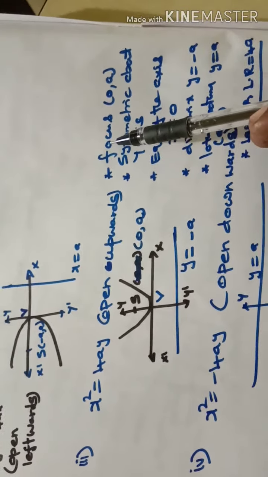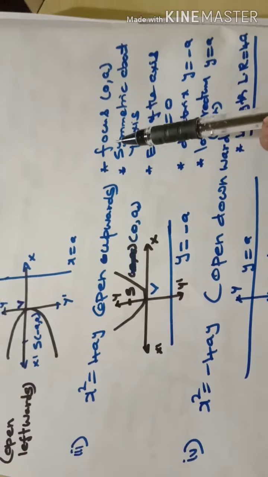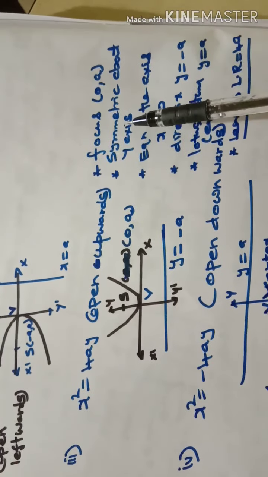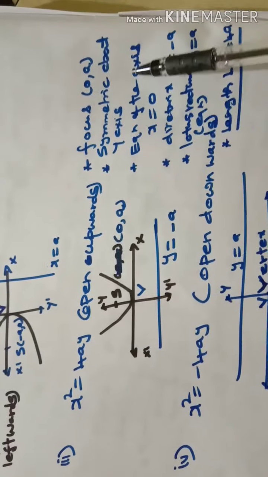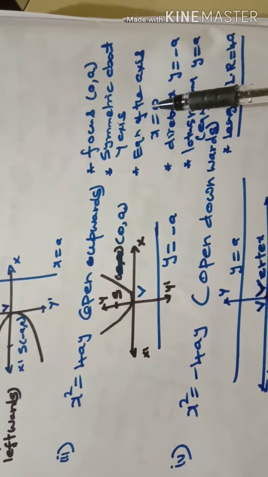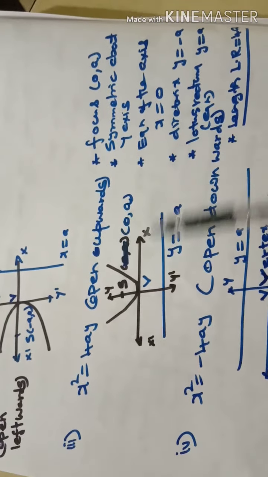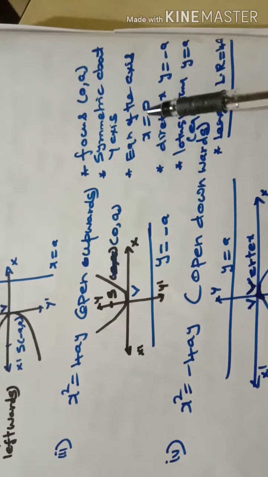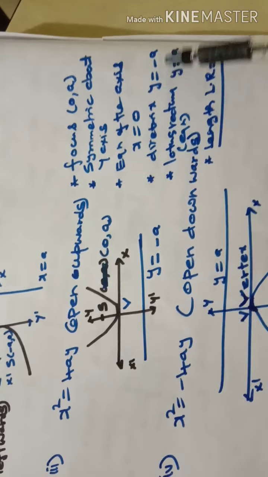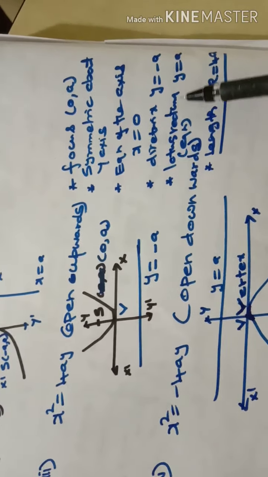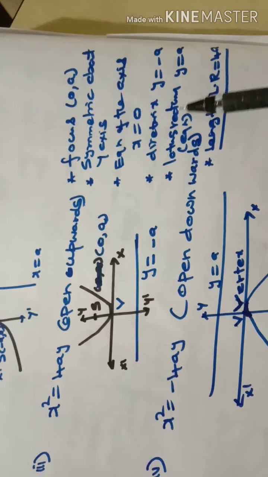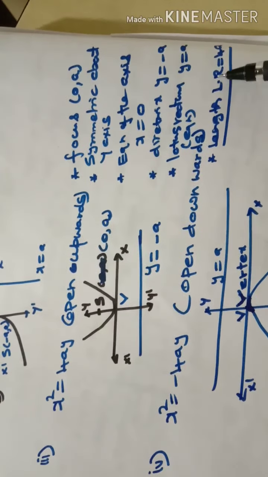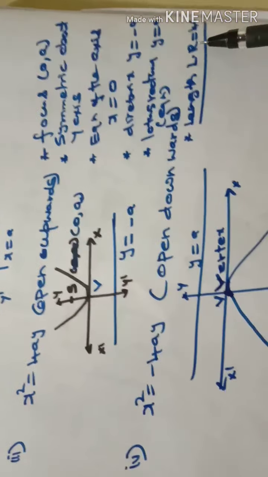Here the focus is 0 comma a. Symmetrical about what? y-axis. Equation of the axis, x is equal to 0, because x square. Directrix, y equal to minus a. Lateral rectum, y is equal to plus a. Length of the lateral rectum is the same thing, 4a.